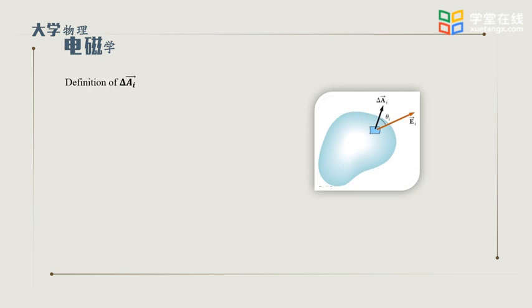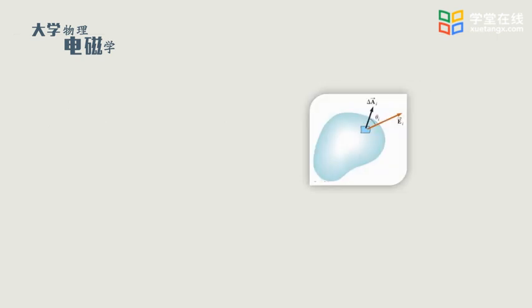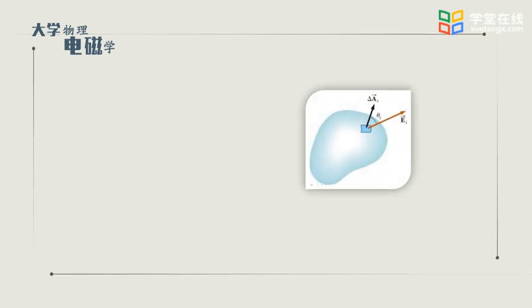We define a vector delta A_i in such a way that the magnitude of which represents the area of the ith element of the large surface, and the direction is defined to be perpendicular to the surface element as shown in this figure. The electric field E_i at the location of this element makes an angle theta_i with a vector delta A_i.